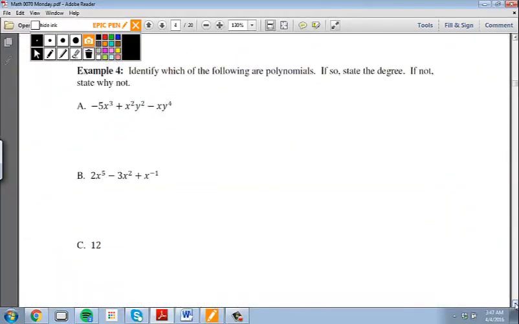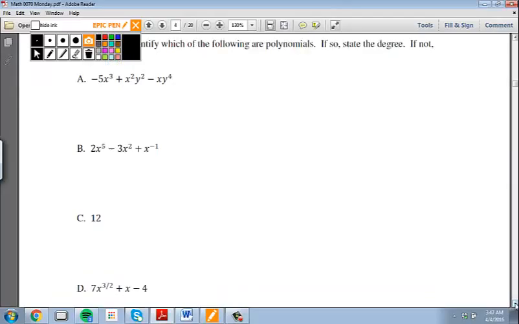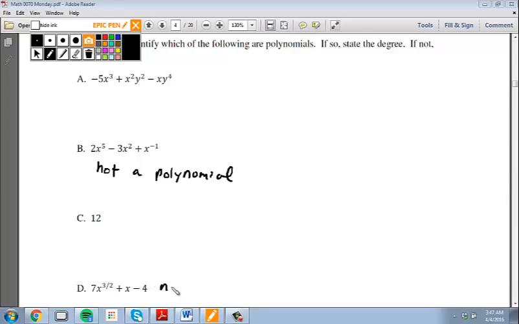Okay, that was sort of like what we did before, but now it's asking us to also state the degree. Alright, so we know this is not a polynomial. We already did that, and we already knew this one was not a polynomial, if you remember these same examples from a few pages ago.